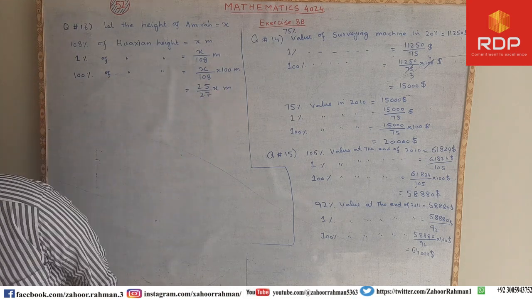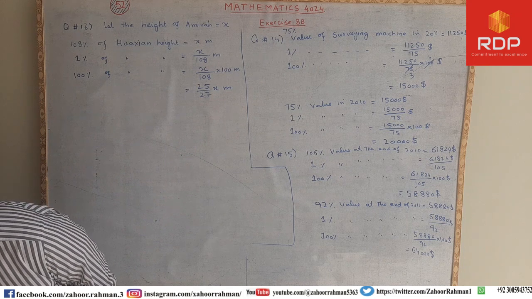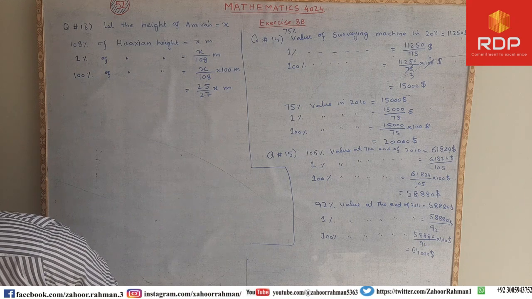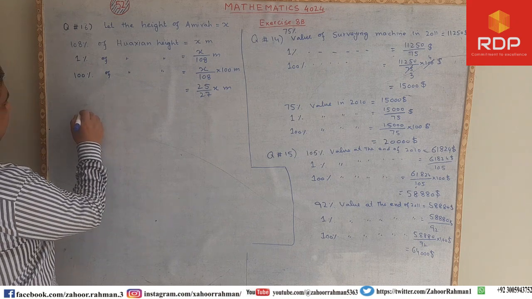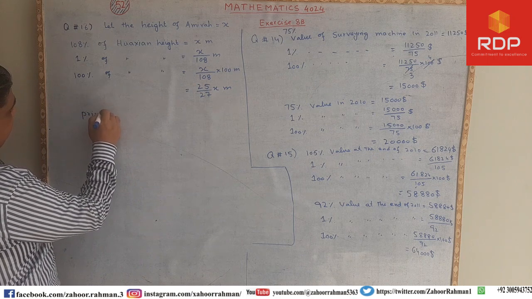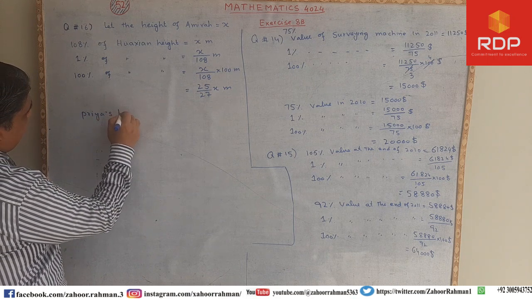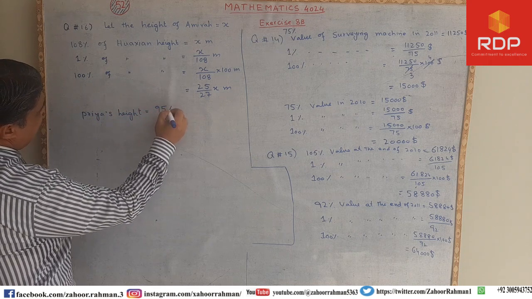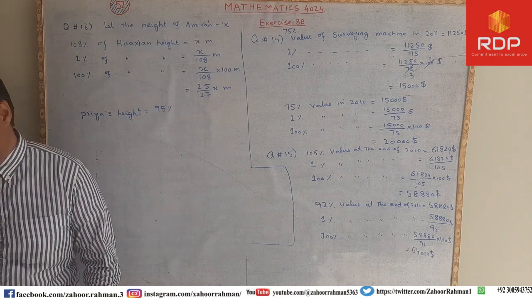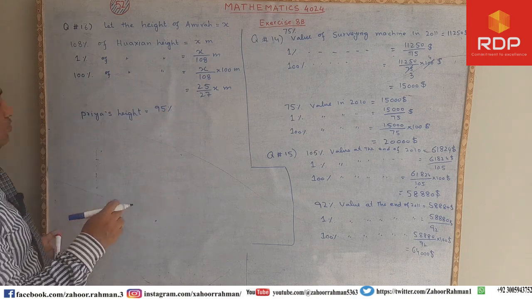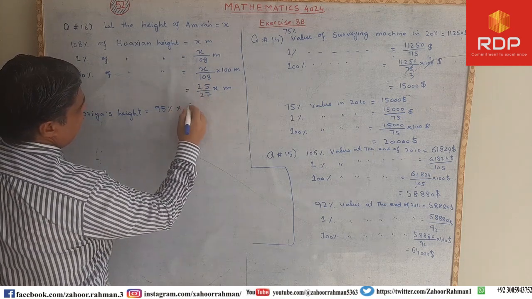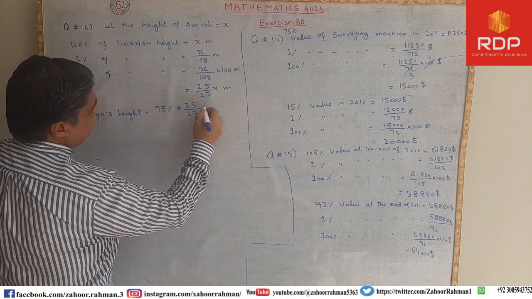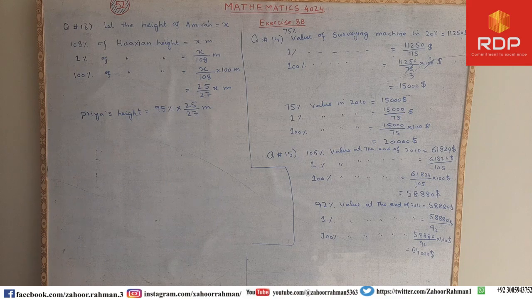Keep this in mind. Now we are turning to Priya's height. Priya's height is equal to 90% of Hoexian's, and we found Hoexian's height to be 25x divided by 27 meter.